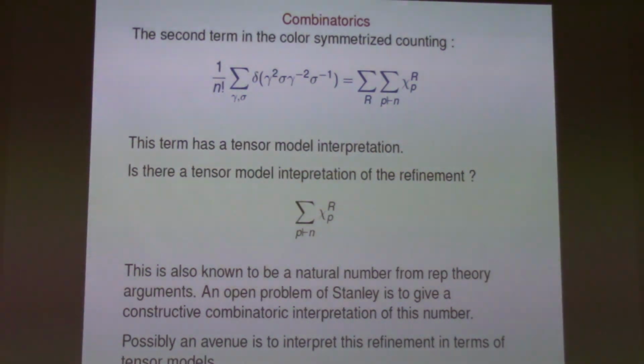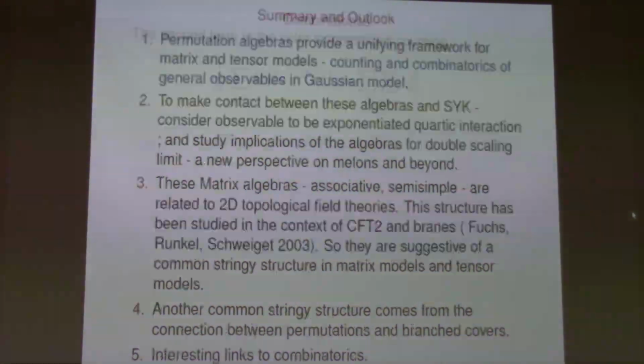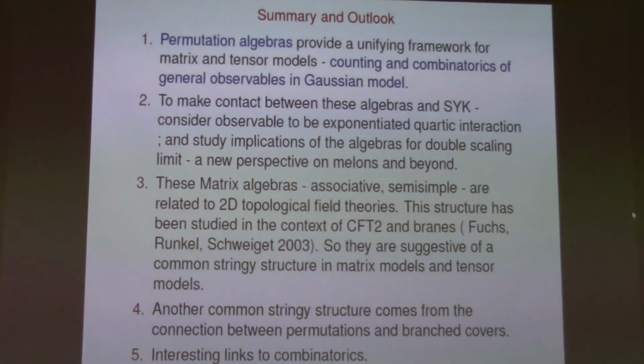Your calculation would be exact for all n. That's right. Yeah. So I think it's a good question. One would want to take the Gaussian model, perturb it with a particular quartic interaction with a coefficient, and take a scaling limit of that coefficient.